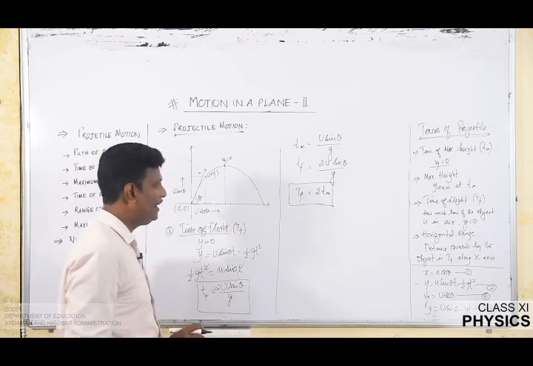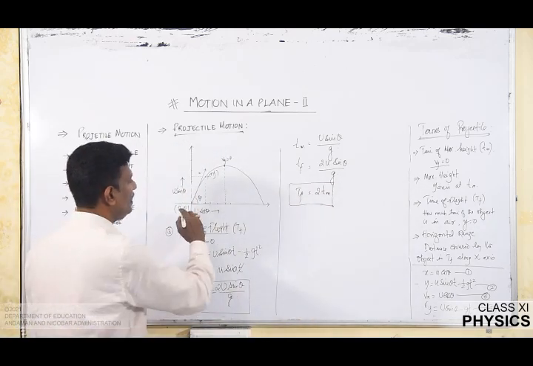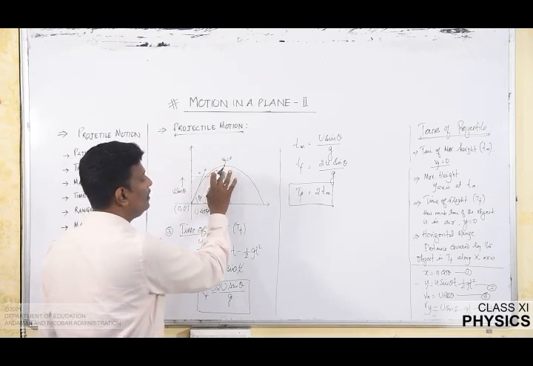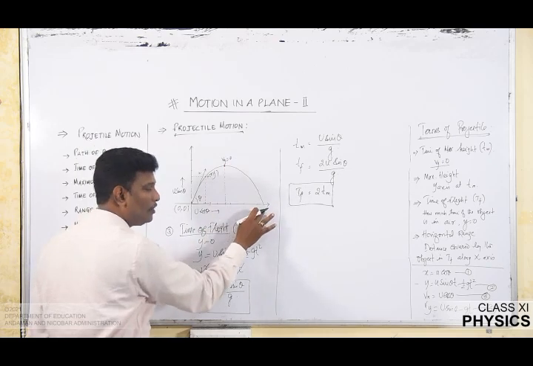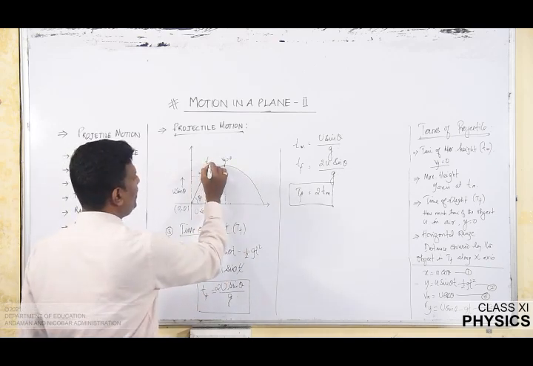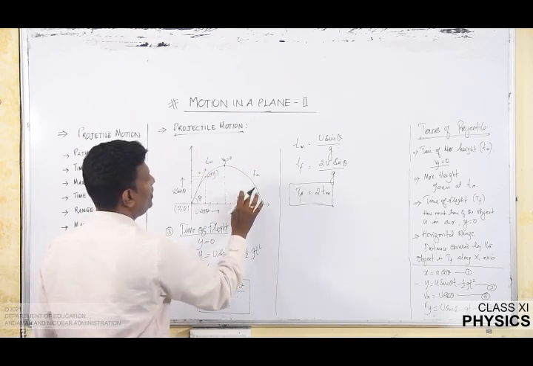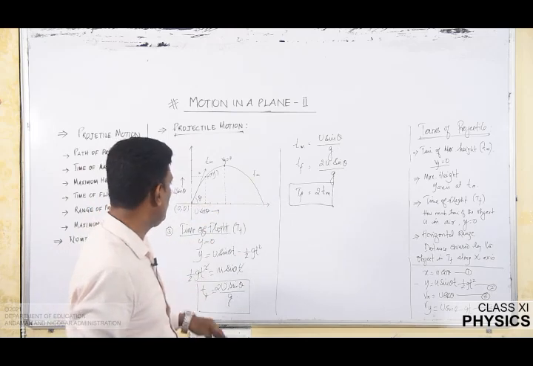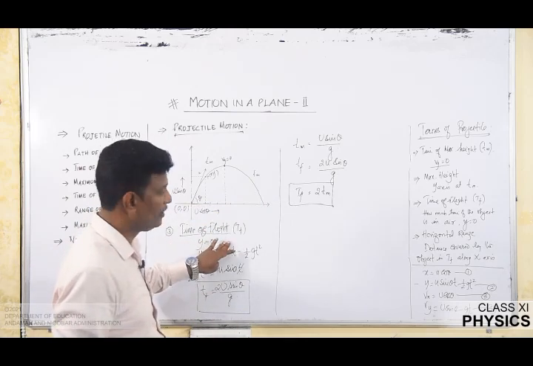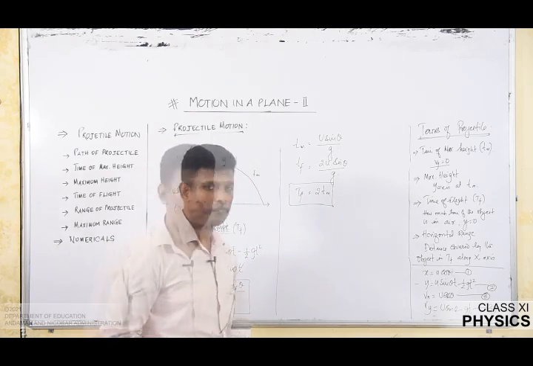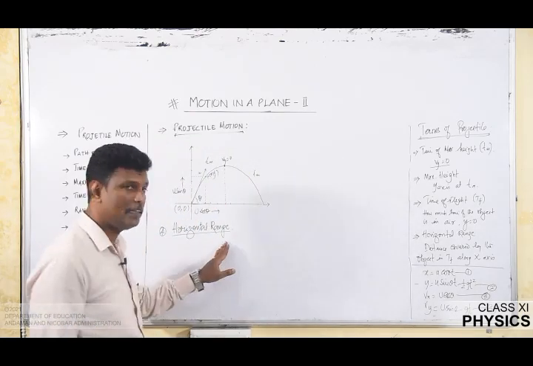So, what we get from here is the time taken to travel to the maximum height is equal to the time taken by the body to get back to the ground. So, both are same, Tm plus Tm is 2 Tm. So, the total time taken by the object in flight, that is Tf, is equal to 2 times of Tm.